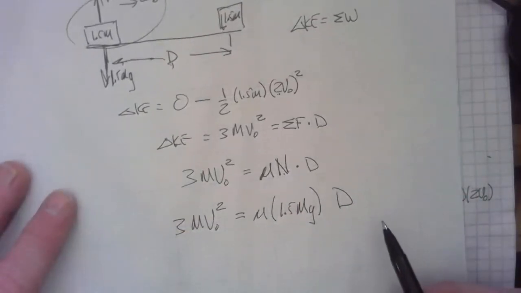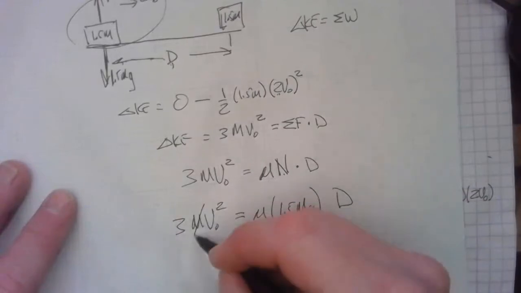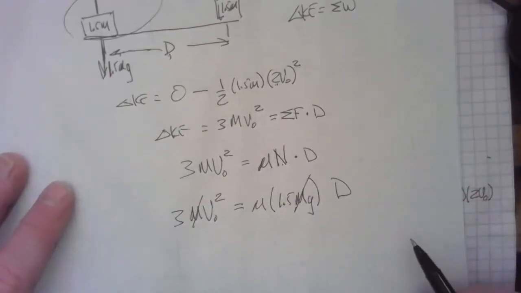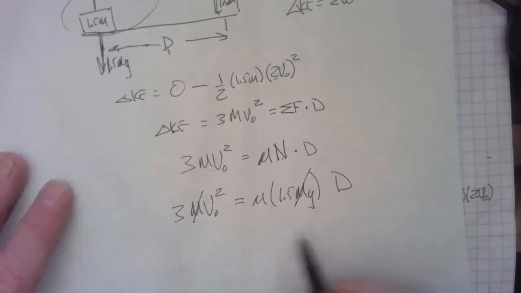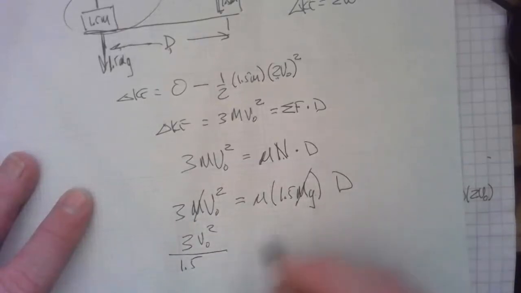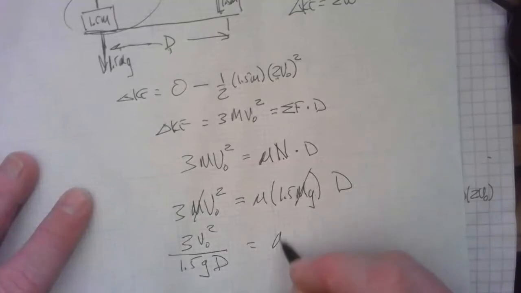The m's go away again. Isn't life grand? And I'm after mu. So I'm going to do 3 VO squared divided by 1.5, don't forget g, and don't forget capital D, equals mu.